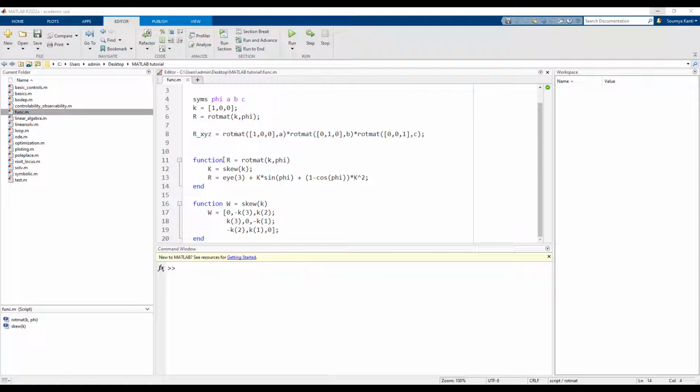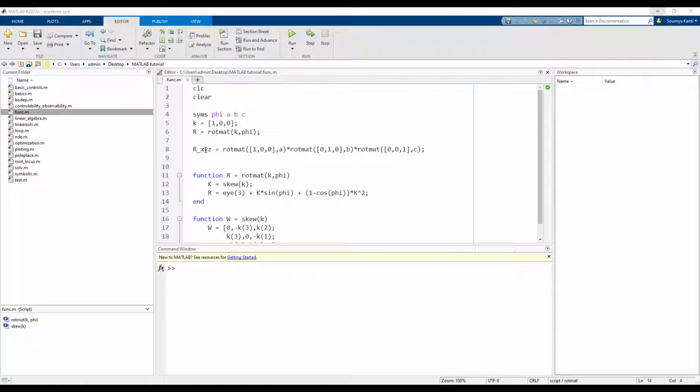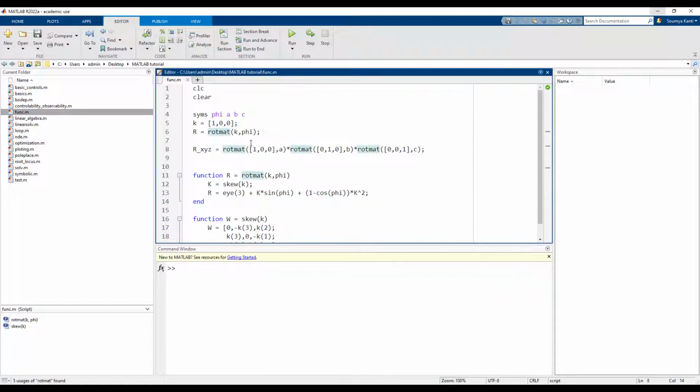Now in the main body, suppose I want to find the XYZ Euler rotation: first about the x axis by A, then about the y axis by B, and then about the z axis by C. So I am calling that function. I am specifying the vector, so this is K, this is 1 0 0, then A, comma, A, then similarly Y comma B, then Z comma C.